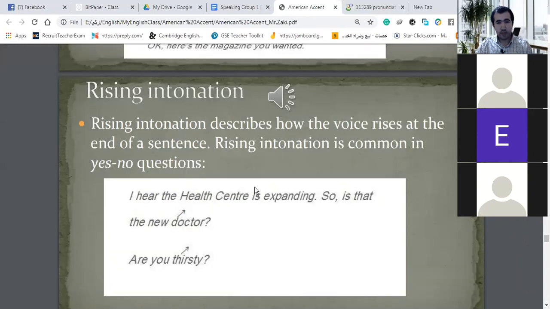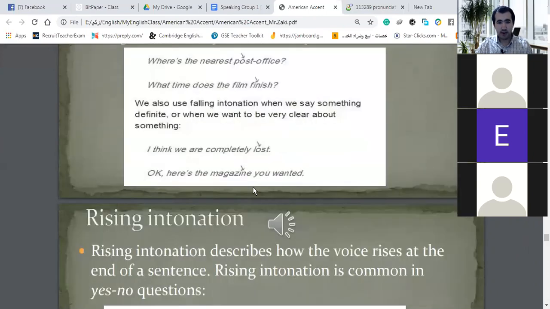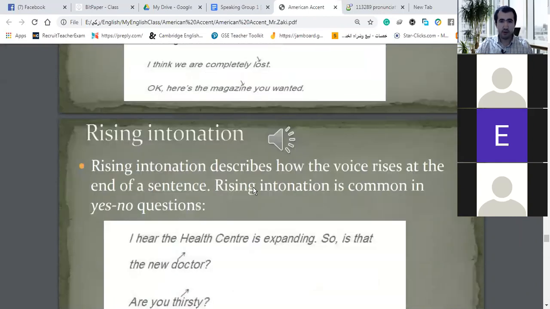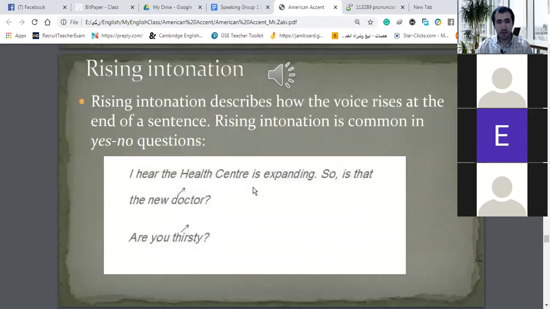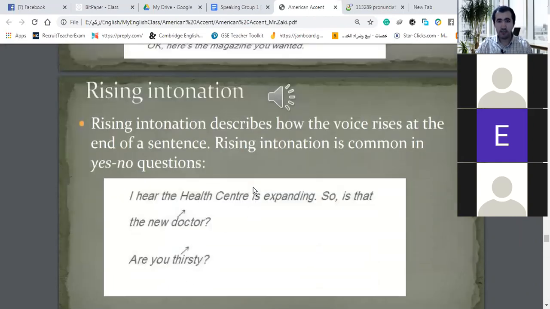Intonation has three types: rising, falling, and fall-rise, or even rise-fall. So intonation means different stressed syllables, stressed and unstressed, like a combination of syllables. So you sometimes stress some syllables and some syllables you don't stress. Okay?